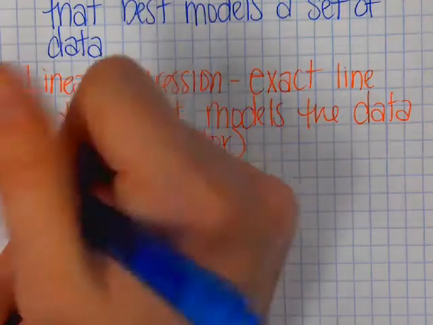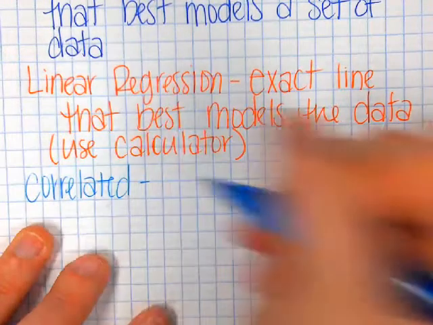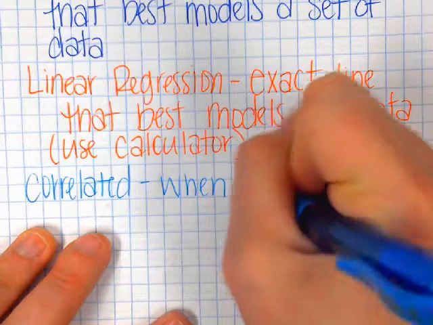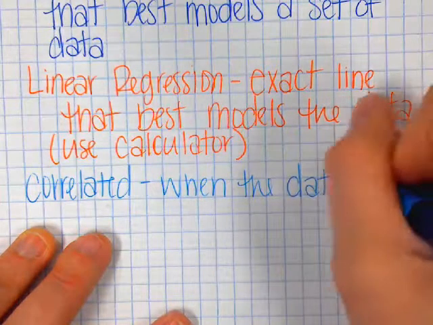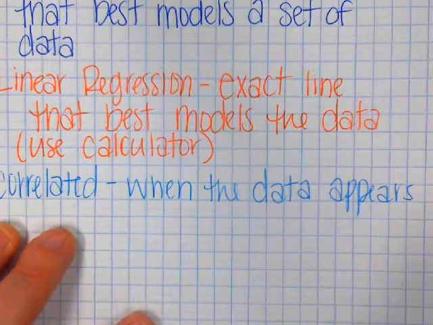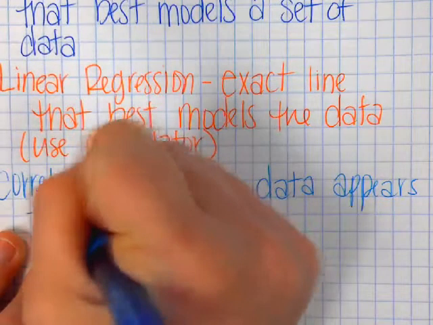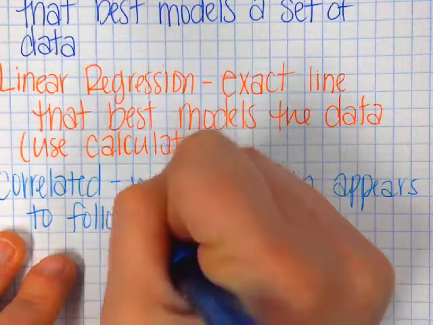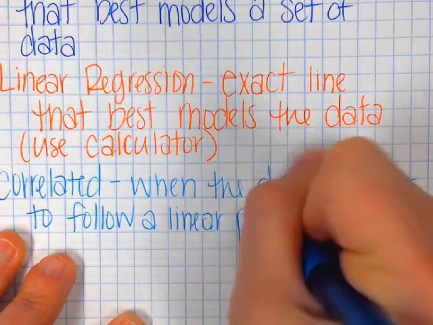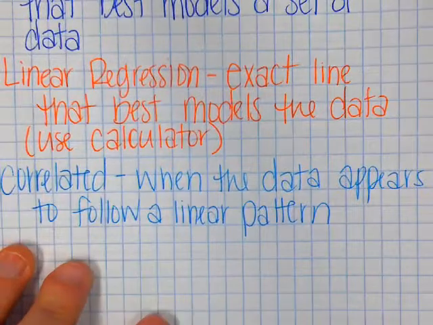Now, we use the word correlated when the data appears to follow a linear pattern.